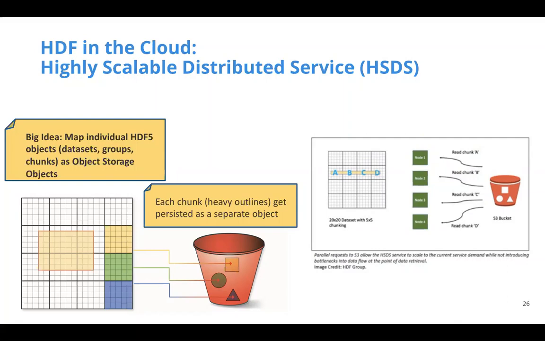But NREL maintains what we call the HSDS, Highly Scalable Data Service, in Amazon for access to the data sets that Michael was talking about in NSRDB and the Wind Toolkit. Again, these are very large data sets, difficult to work with, but this makes it a lot simpler. So we maintain basically a cluster which has the smarts to go pull chunks of data out of S3 when requested by users from their own Jupyter notebooks.